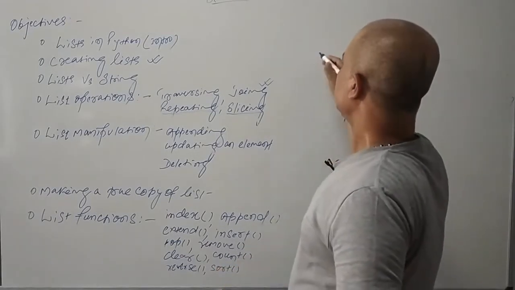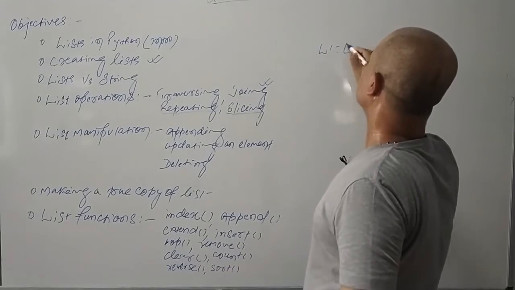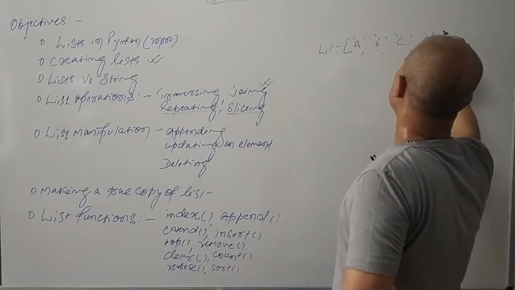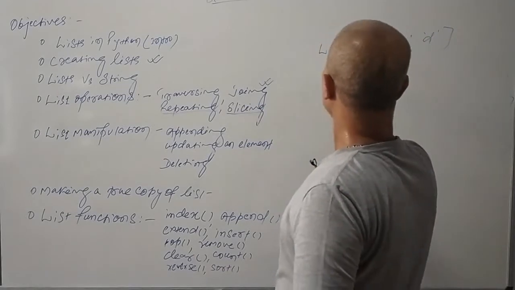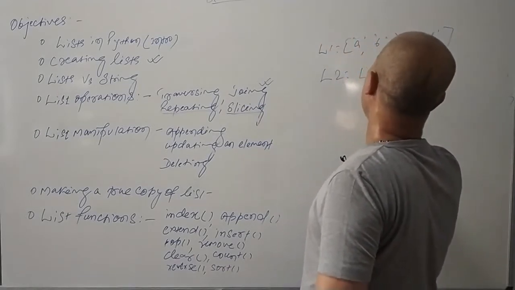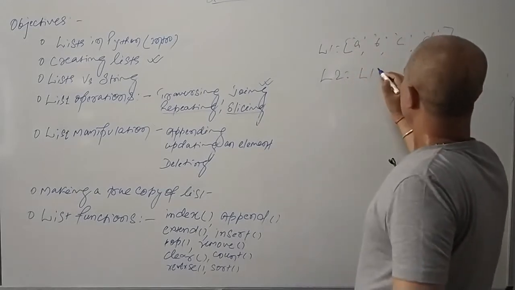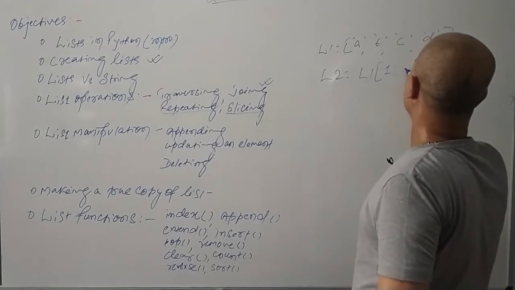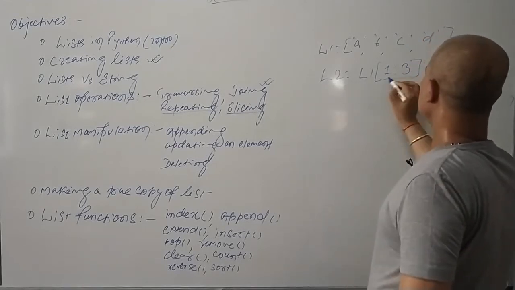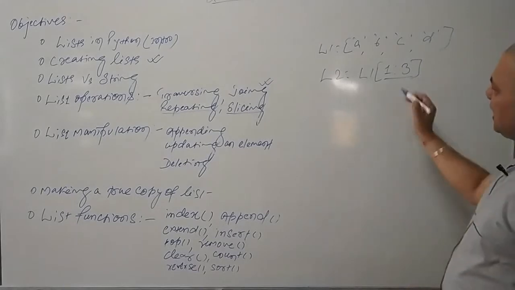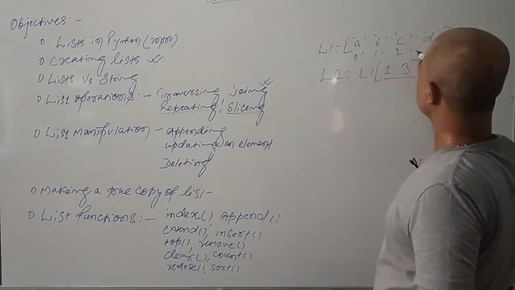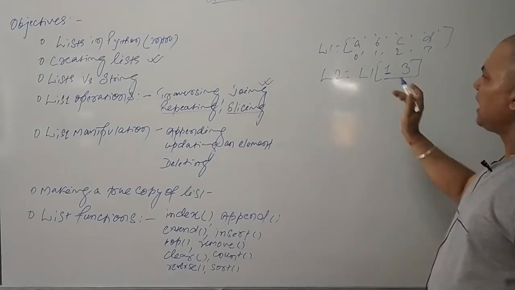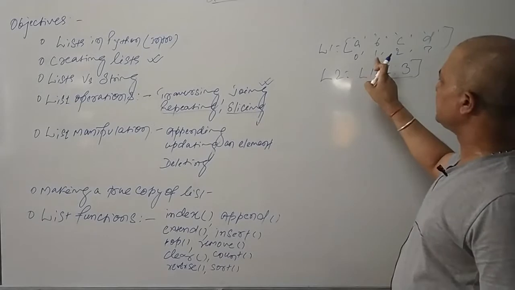For example, if L1 equal to A, B, C and D, these are the 4 elements, and I want to slice, L2 equal to L1, and then say 1 colon 3. Now this is the range I mentioned for the slicing. As you can understand, this is 0, this is 1, this is 2, this is 3. It means you mention 1 as a starting index for slicing, that is B.